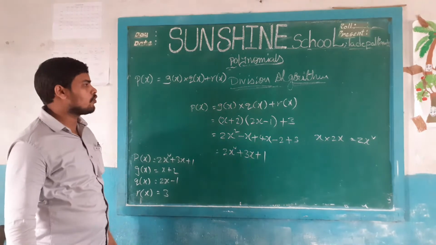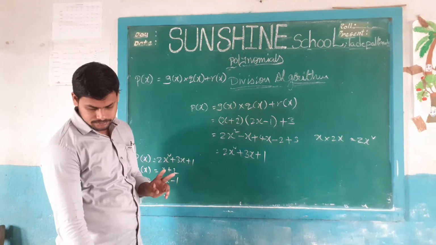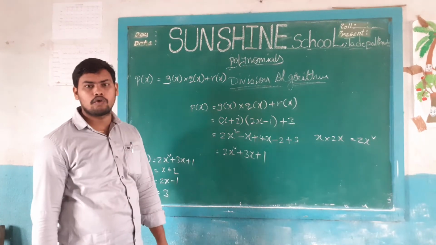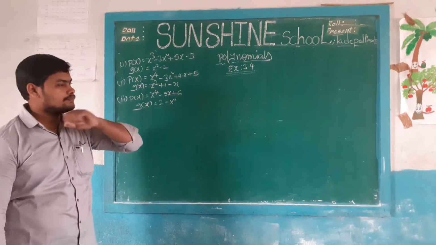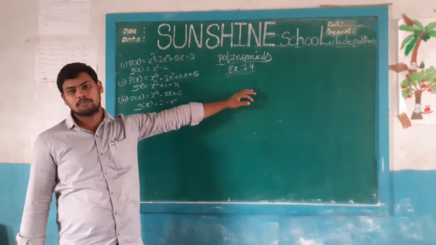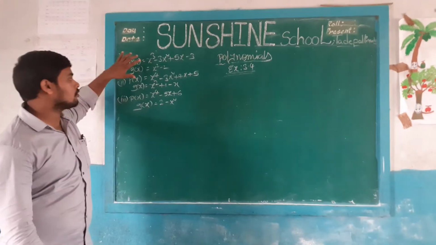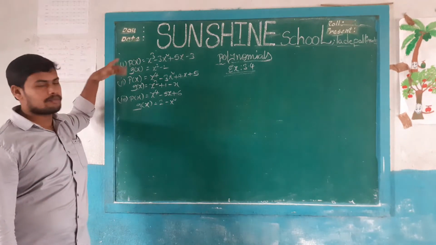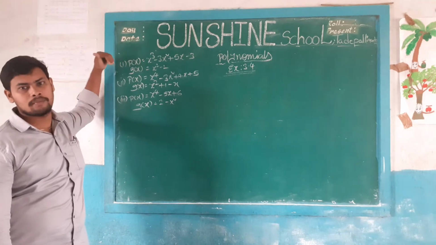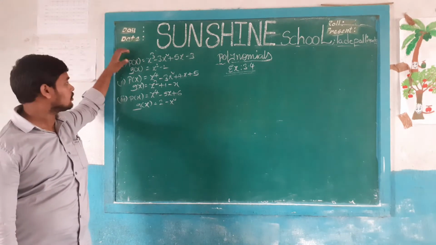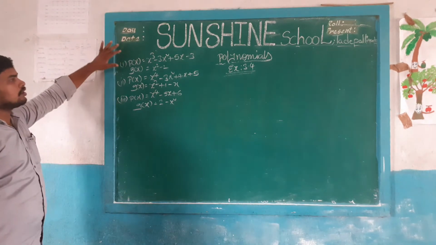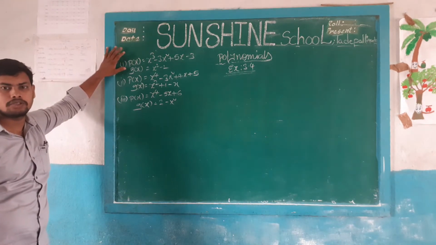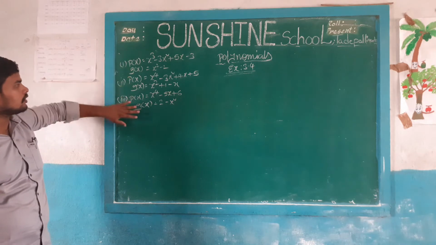Okay. Next, move on to Exercise 3.4 in polynomials. All are: find the quotient and remainder by dividing each of the following. So first, you should divide each and every sum.